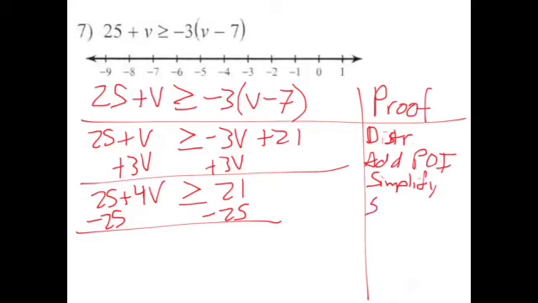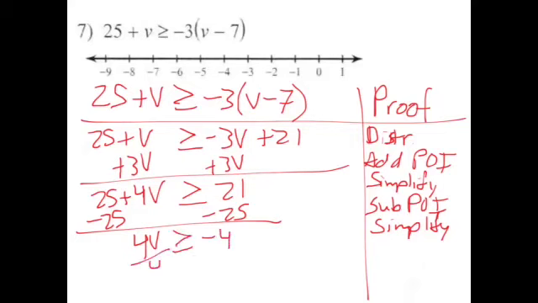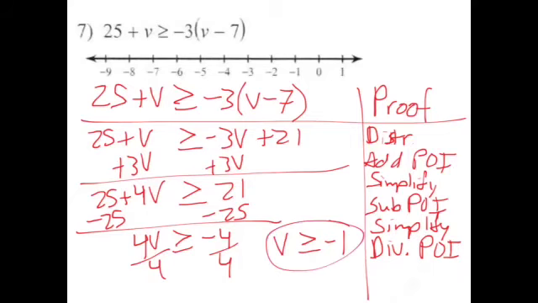What lets me do that is the subtraction property of inequalities, followed by simplifying will get me my next step here. Left side, just 4v. Right side is negative 4. If you divide by 4 at this point, using the division property of inequalities, I'm going to have v greater than or equal to negative 1. That's followed by simplifying.